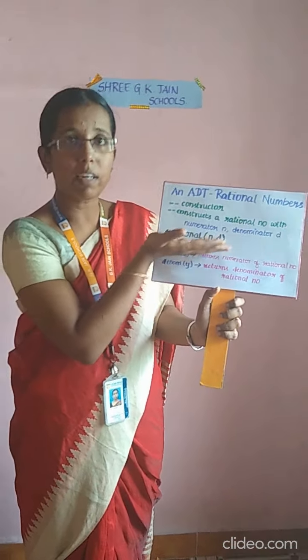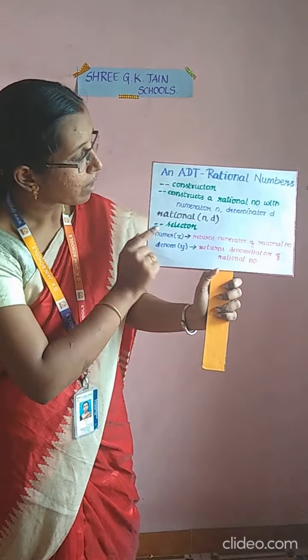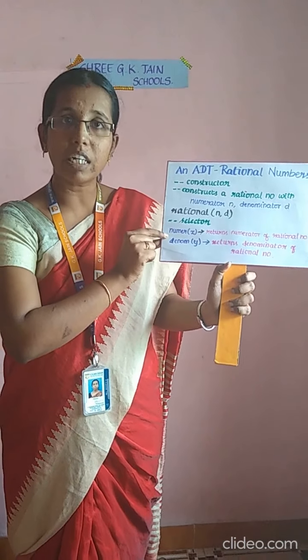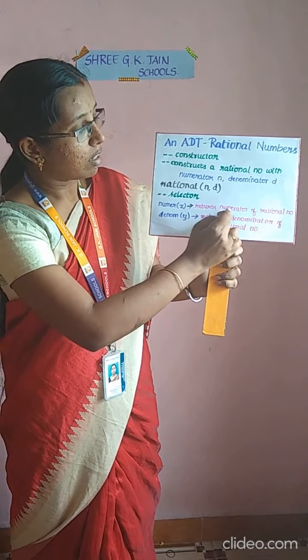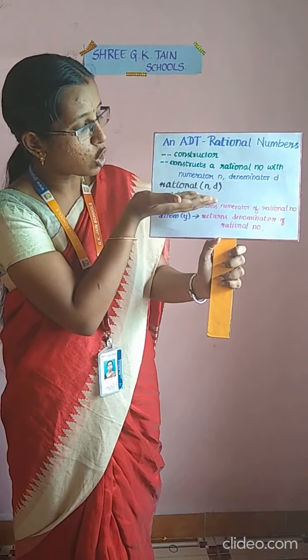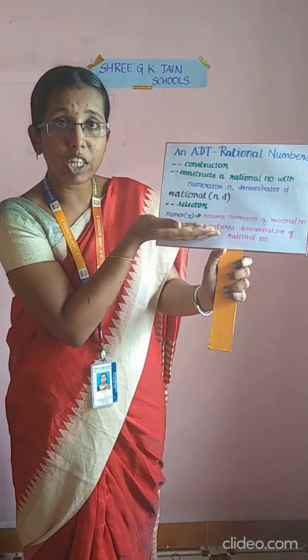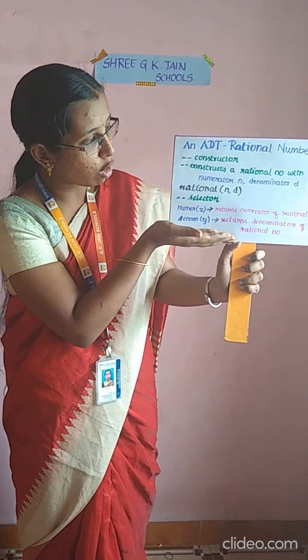And rational function will have two parameters n and d as you mentioned in the constructor. And selector will return the numerator of x, the explanation like this, returns numerator of the rational number. So selector will give the information about your numerator of x and denominator of y.